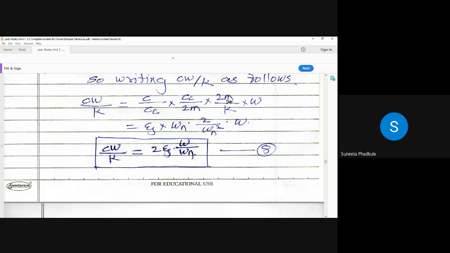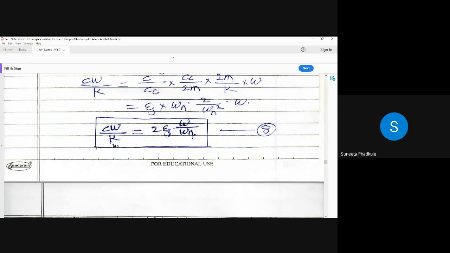So this term will become 2 upon omega n square into omega as it is. So this omega n square will be cancelled, and only one omega n will remain. So ultimately we get C omega upon K is equal to 2 zeta omega upon omega n. If you remember, in the last lecture I told you that we will write everything in terms of frequency ratio.